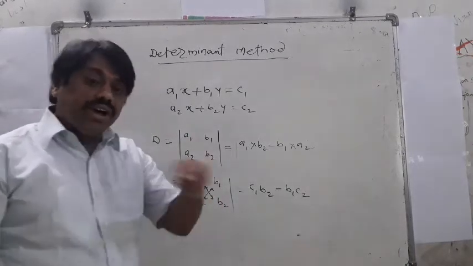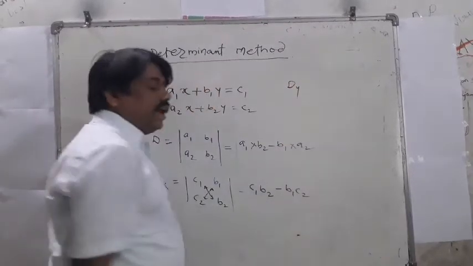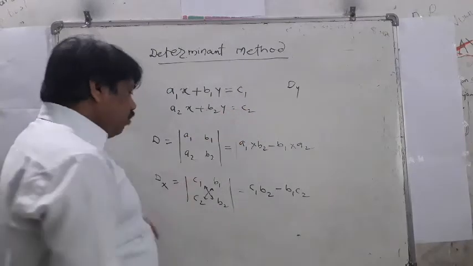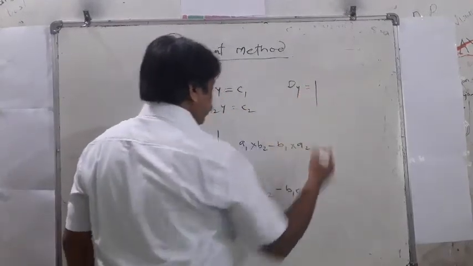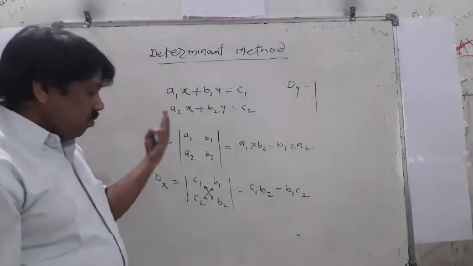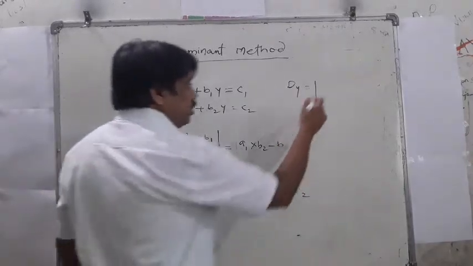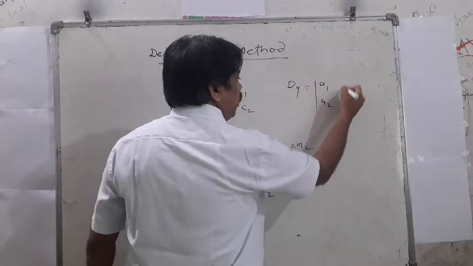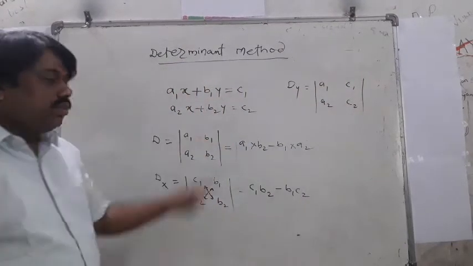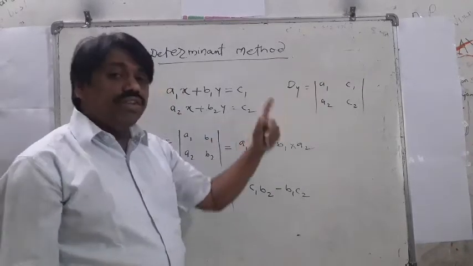Now the third part is the determinant in y variable, Dy. We take the coefficients of x variable as well as constants: a1, a2, c1, c2. Here we are not taking the coefficients of y.